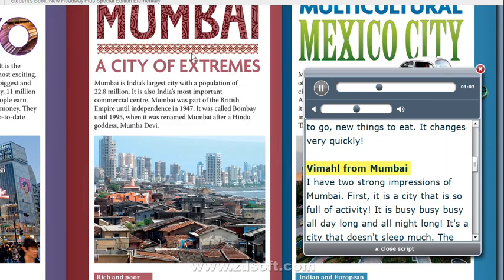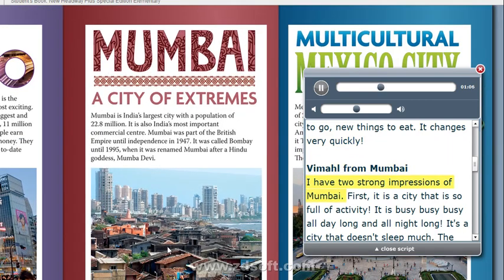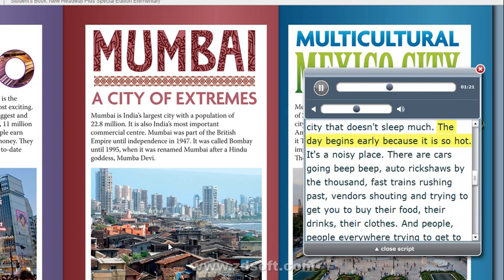Vimal from Mumbai. I have 2 strong impressions of Mumbai. First, it is a city that is so full of activity. It is busy, busy, busy, all day long and all night long. It's a city that doesn't sleep much. The day begins early because it is so hot. It's a noisy place. There are cars going beep, beep, auto rickshaws by the thousand, fast trains rushing past, vendors shouting and trying to get you to buy their food, their drinks, their clothes.